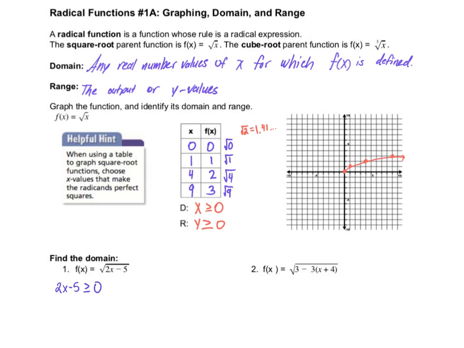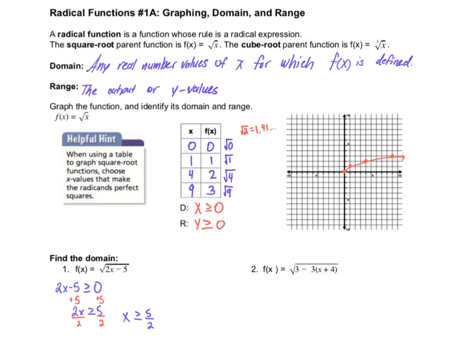The opposite of subtracting 5 would be to add 5 to both sides. 2x is greater than or equal to 5. Then the opposite of multiplying x by 2 is to divide. So we get x is greater than or equal to 5 halves. It's similar to finding a zero from a quadratic or a cubic.